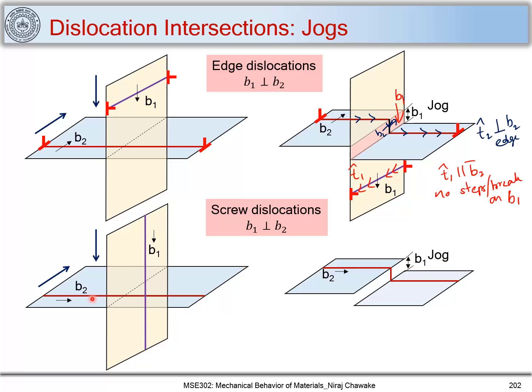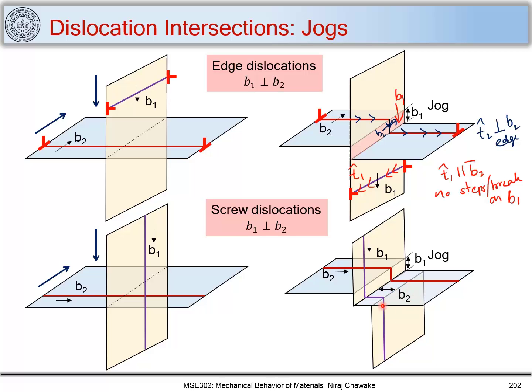Now let's consider what the break will be on dislocation B1. It will have a break because it intersects dislocation B2. The break will be along the B2 direction, with a magnitude of B2.